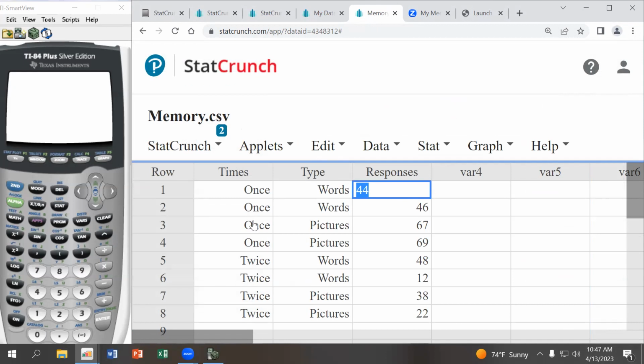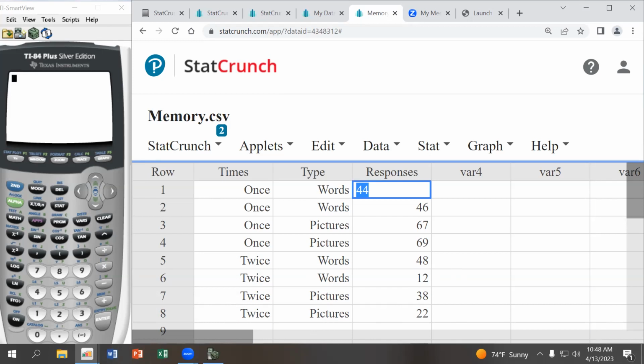So row one, column one, words, we have 44, 46 as the observations. Row one, pictures, 67, 69, two observations. Row two, the word column has two observations, 48, 12. Row two, pictures column, 38 and 32. So the order matters in one case.